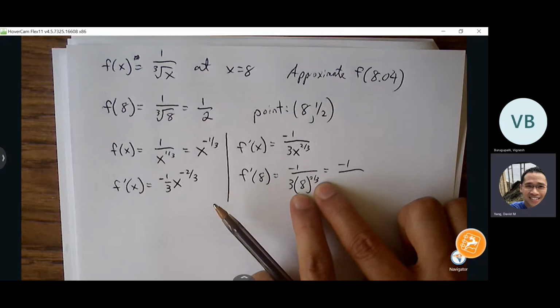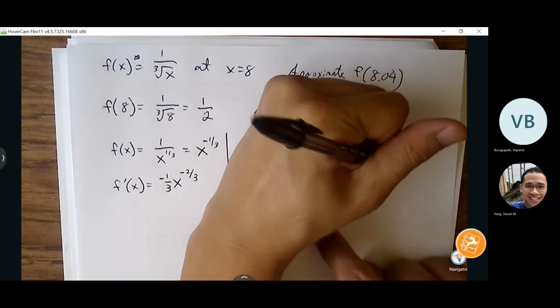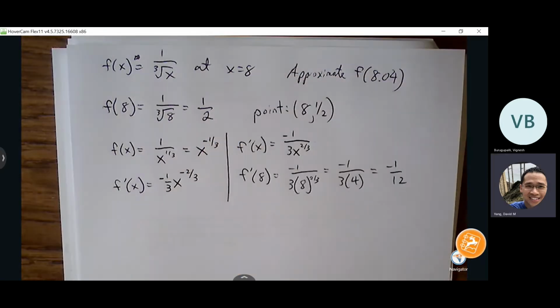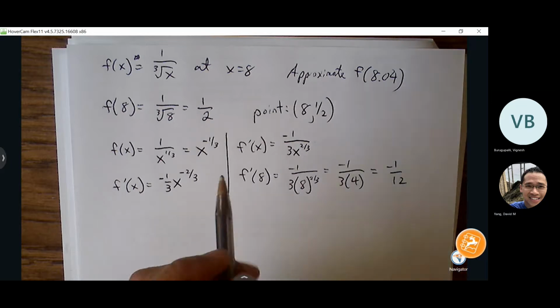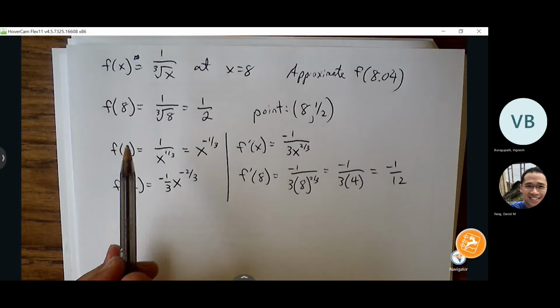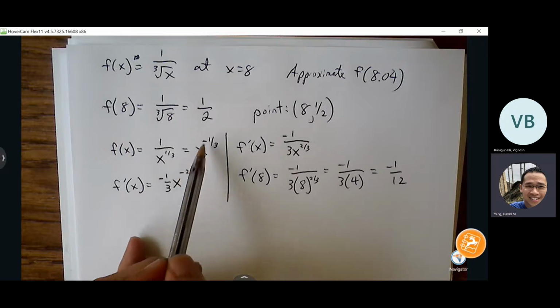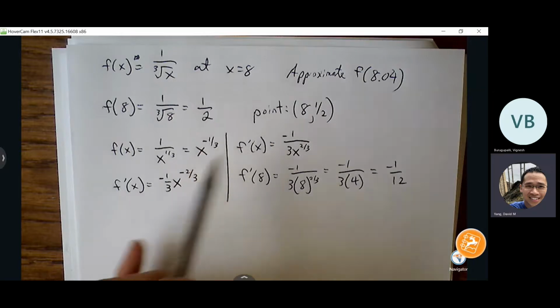Cube root of 8 is 2, 2 squared is 4. Oh wait, I messed up here. This should be negative 4/3, my bad.